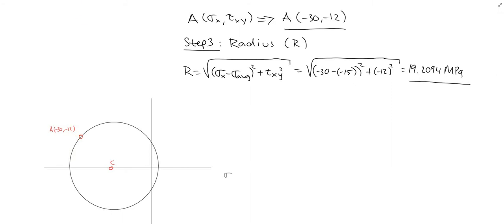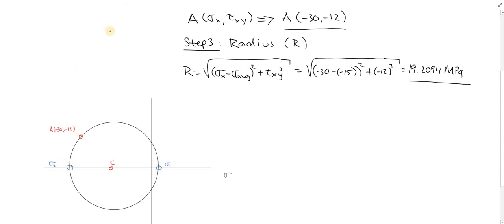Then we also have our principal stresses. I'll use this blue. My principal stress 2 will be located here, and principal stress 1 located here. My principal stress 1 is my maximum normal stress, and my principal stress 2 is my minimum normal stress.